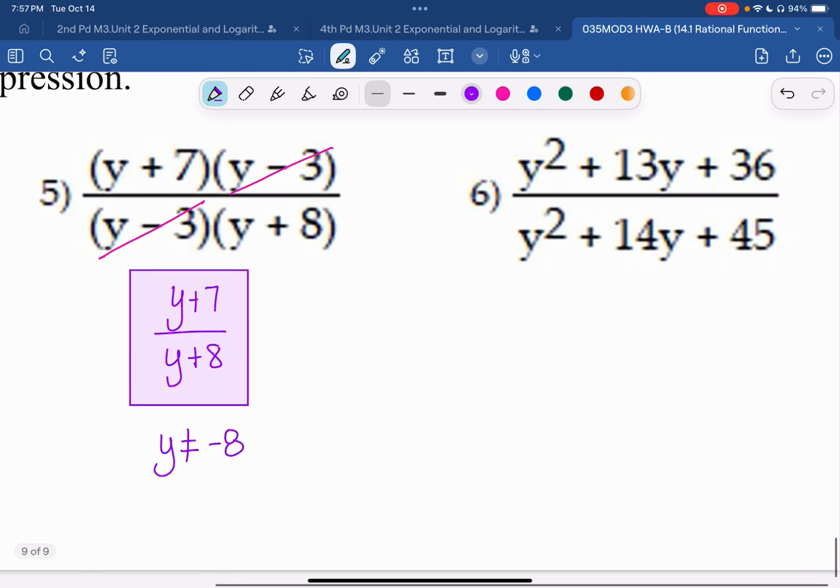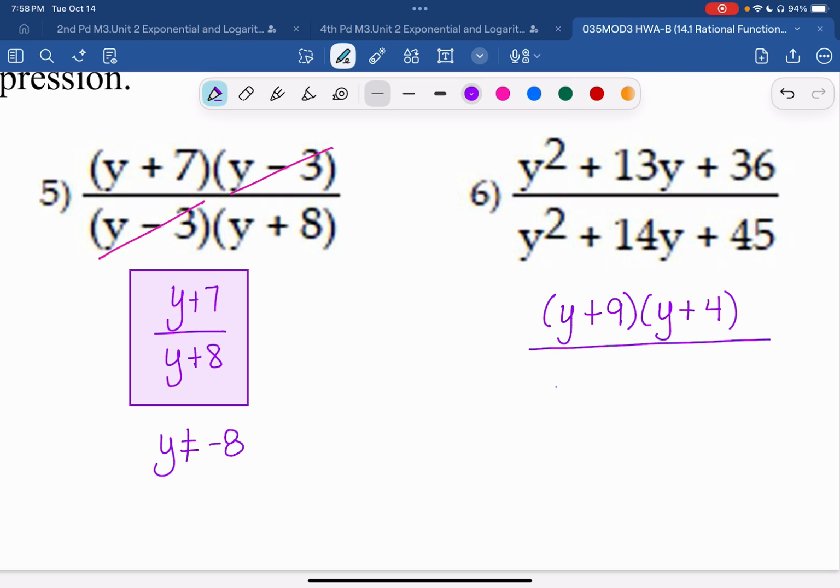All right, last one. I need to factor this. So in that numerator, I'm looking for numbers that multiply to positive 36 and add to positive 13. So that's going to factor into y plus 9 and y plus 4. My denominator, I need numbers that multiply to 45 but add to 14.